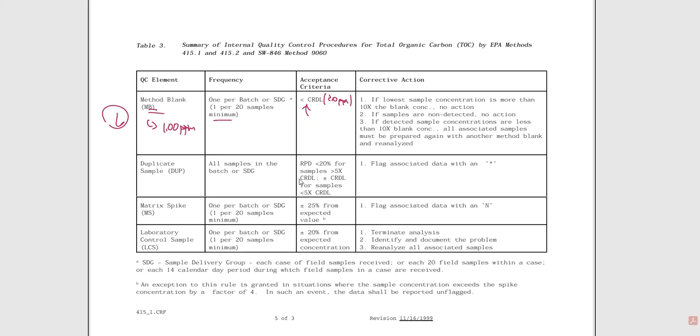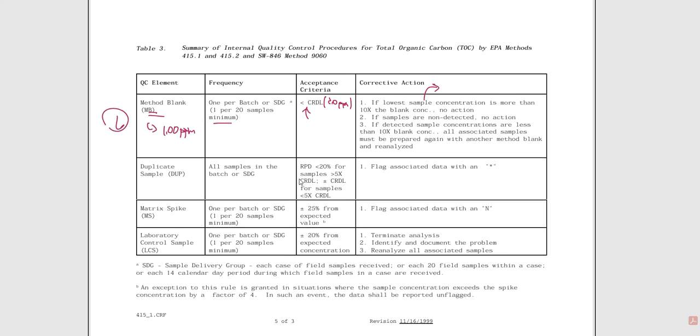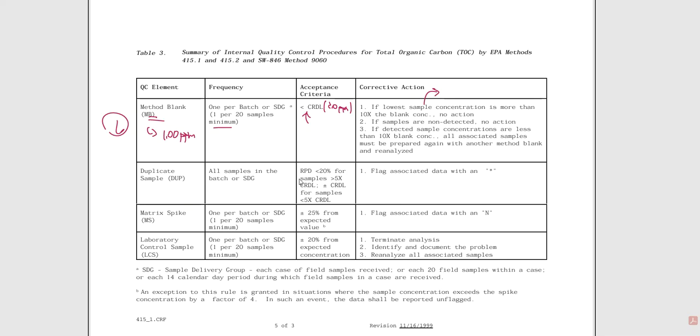But look, it says if the lowest sample concentration is more than 10 times the blank, then there's going to be no action needed here. So if you used a blank and it came in contact with the samples, whatever the case might be, if that is more than 10 times, 10 times 1 is 10. So if it is 10 parts per million or greater, oh, not a problem. Keep going.